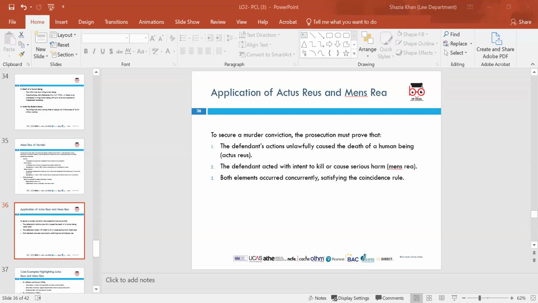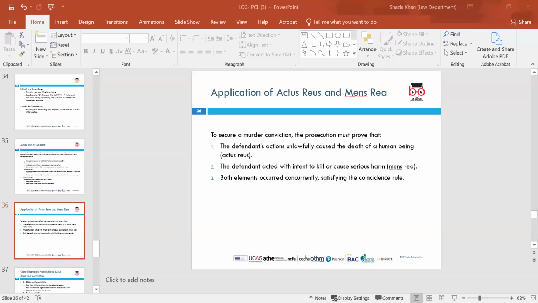Both must be proven to the criminal standard for the defendant to be criminally liable. Causation and concurrence are essential elements for criminal liability, with causation determining if an act caused harm, and concurrence requiring both actus and mens rea to occur simultaneously.